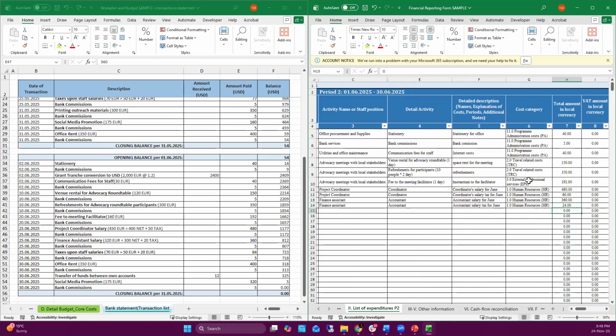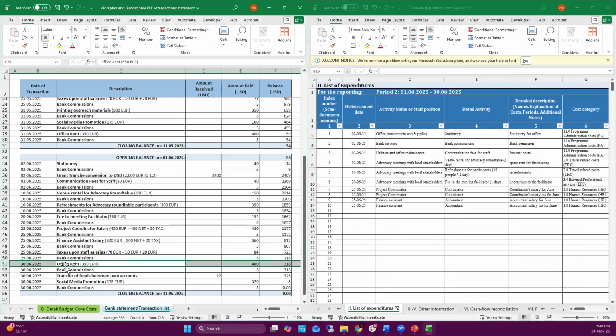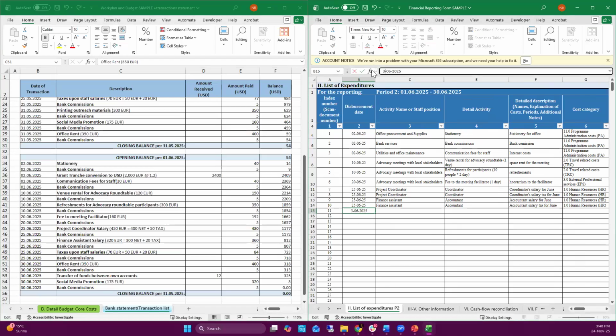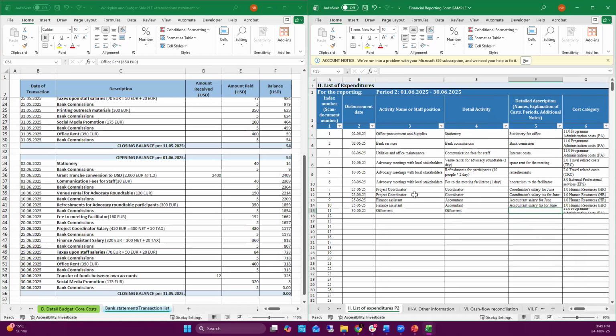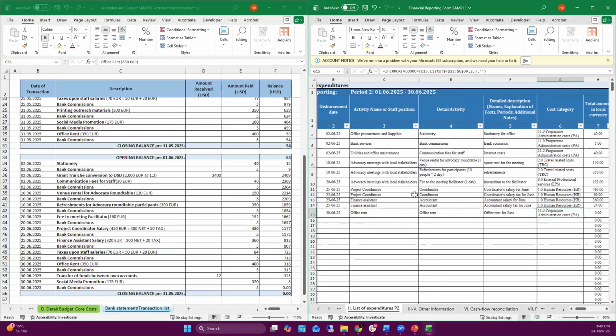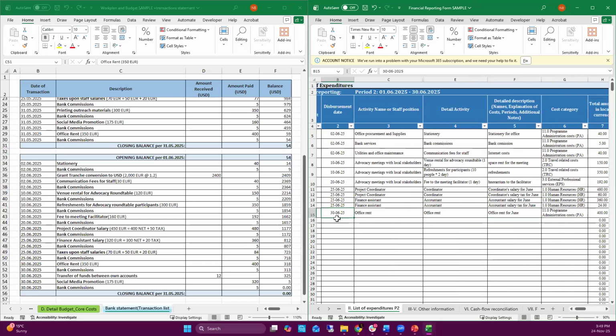It will be 24. So now we have office rent here on the 30th, on the last day of the month. Office rent for June will be our detailed explanation, which is the same 400 as in the previous period.